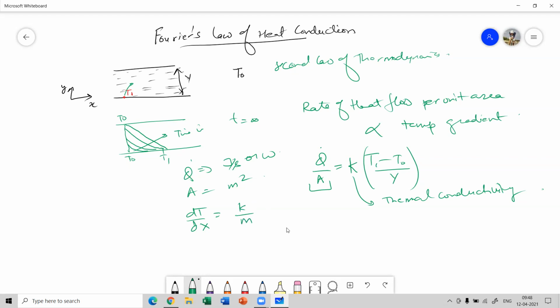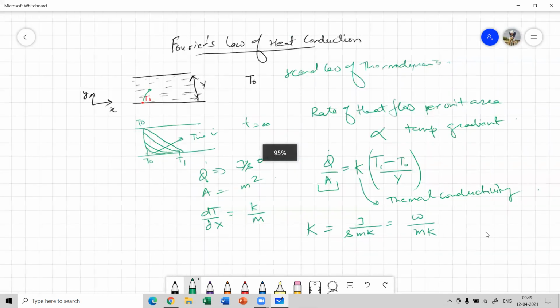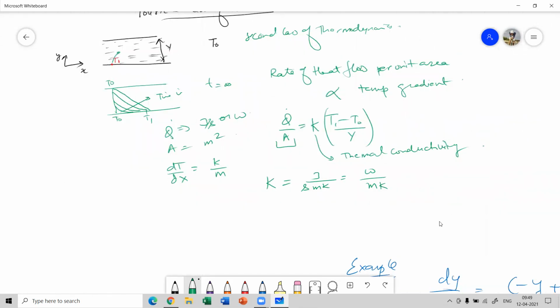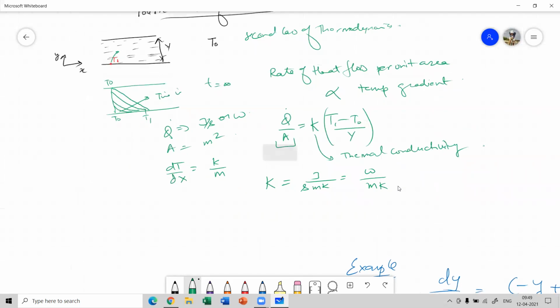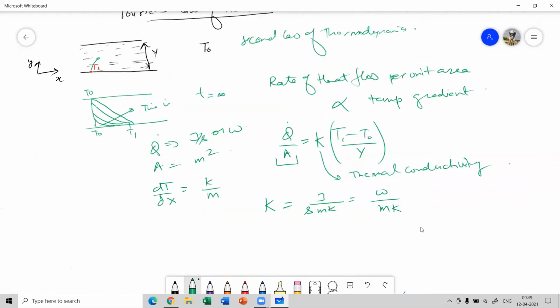So the units of thermal conductivity come out to be joules per second per meter per Kelvin, or it can also be written as watt per meter per Kelvin. Hence, thermal conductivity of a material is basically a function of the temperature.